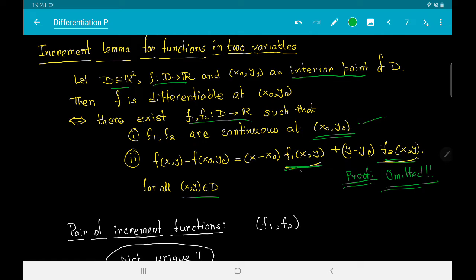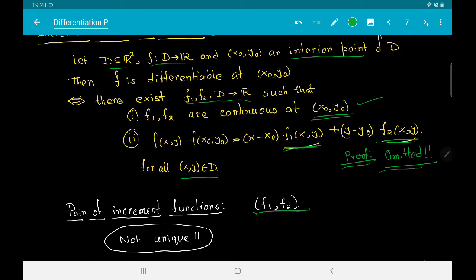Such a pair f1, f2 is going to be called a pair of increment functions. Now in one variable calculus we had seen that if an increment function exists, then it is unique, at least at that point.